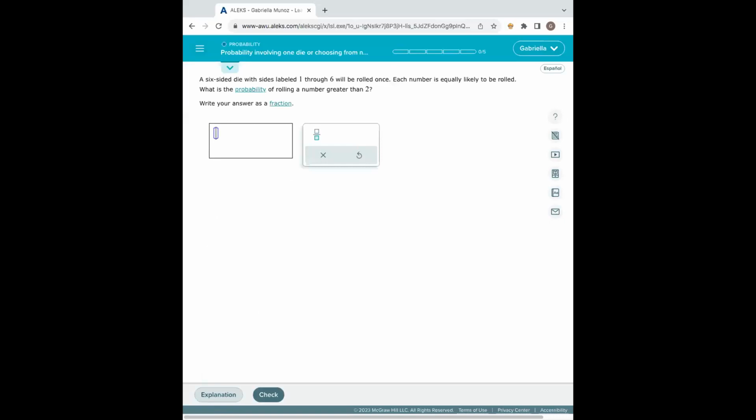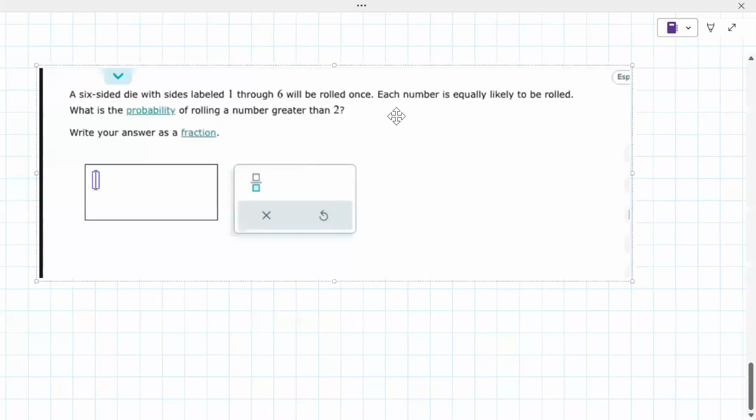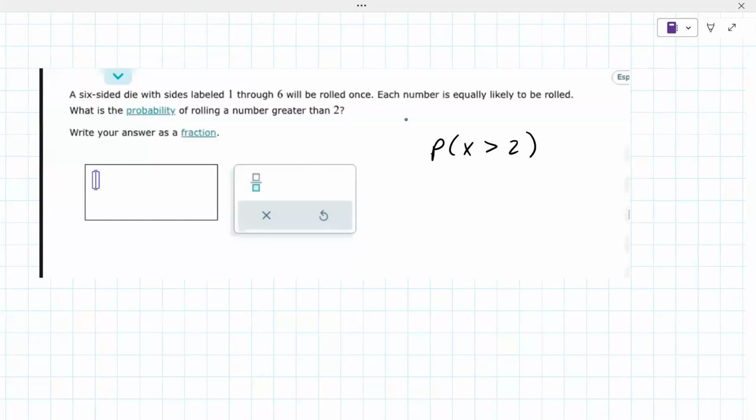All right. So dice here. I'm going to share my screen. Let's talk about dice. Hopefully you've seen a die, rolled one, maybe. It's always interesting in high school because a lot of students haven't played dice games or card games anymore. But this one asks for the probability of rolling a number greater than 2. To do this, you have to figure out how many possible outcomes there are.